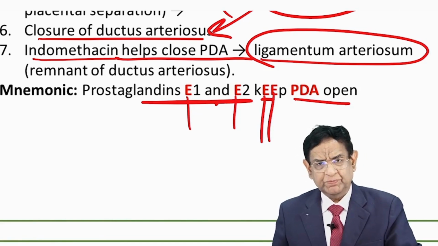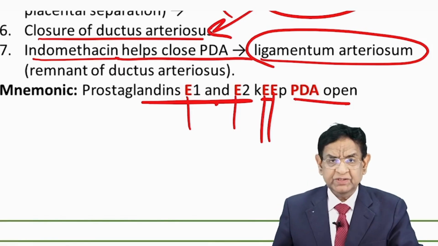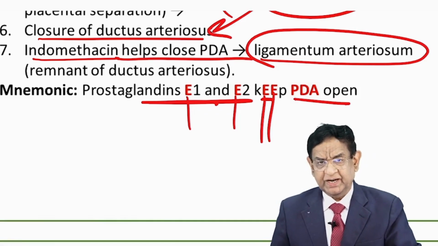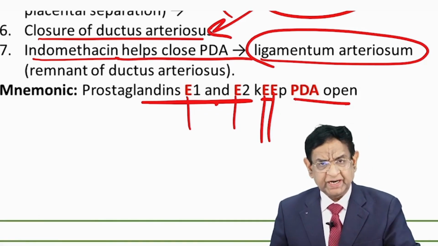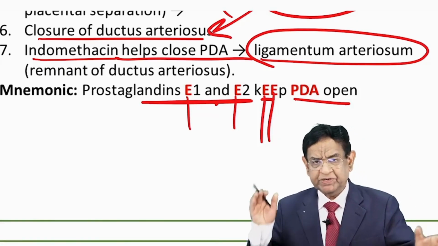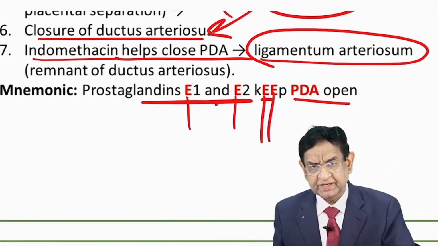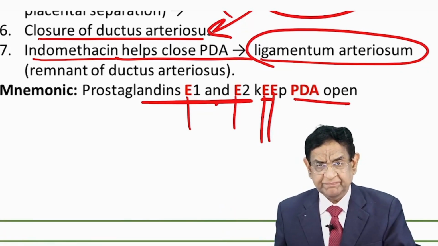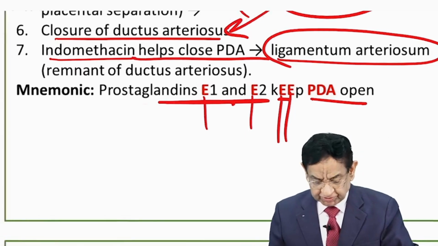So I hope your fetal circulation is crystal clear and you can appreciate what happened in intrauterine life and what happens in extrauterine life of adults, and why the pressure differences are there. They are the basis of the ASD, VSD, PDA and all other things that we are going to discuss.